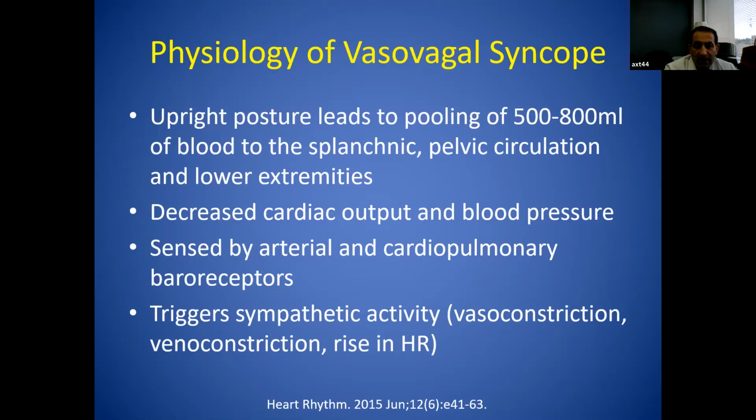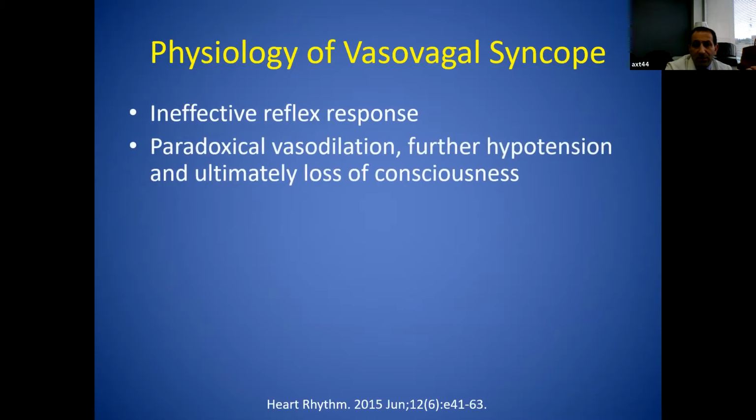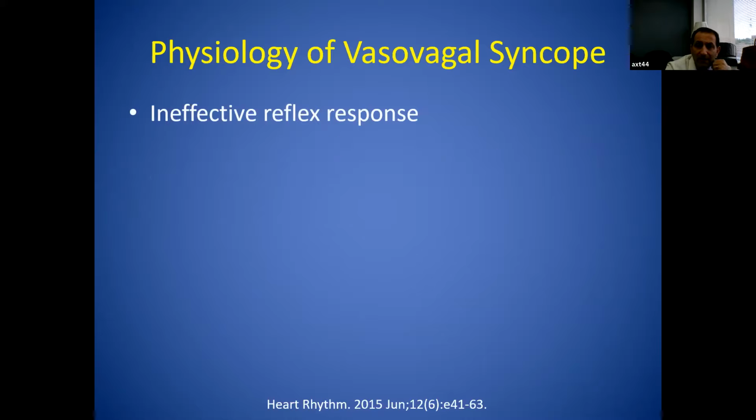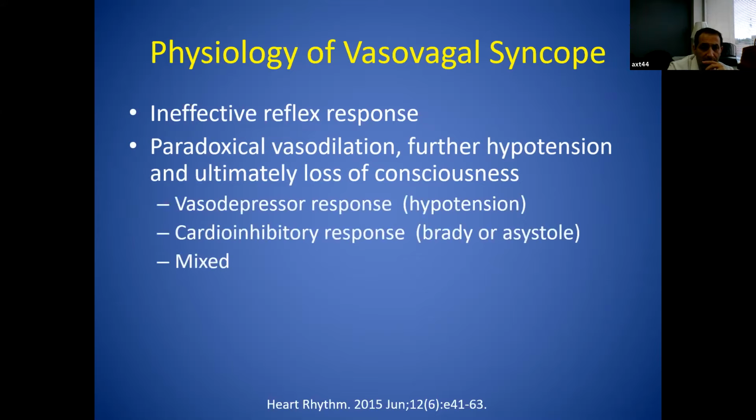That excess contractility is then sensed by C fibers in the ventricle, and a signal is sent to the brain. And sometimes you either have an ineffective reflex response, meaning you can't vasoconstrict enough and you pass out, or you can have a paradoxical vasodilatation, which leads to further hypotension and ultimately loss of consciousness.